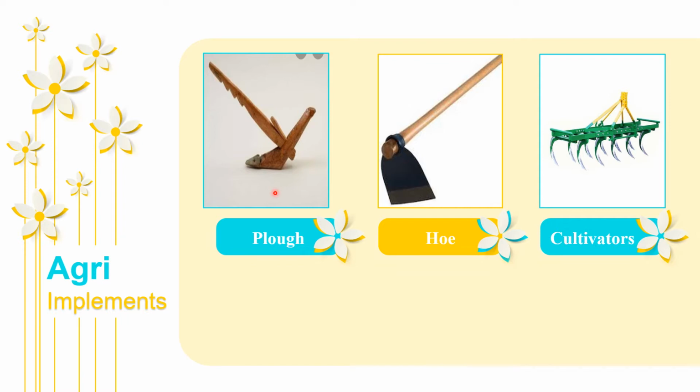The first picture is a wooden plough, which is exclusively used for preparation of soil, that is for ploughing or tillage of soil. The second implement is a hoe, which is used for removing the weeds. And the third implement is a cultivator, which is used for harvesting the grown crops.